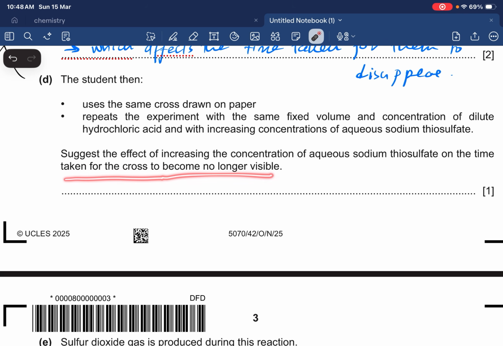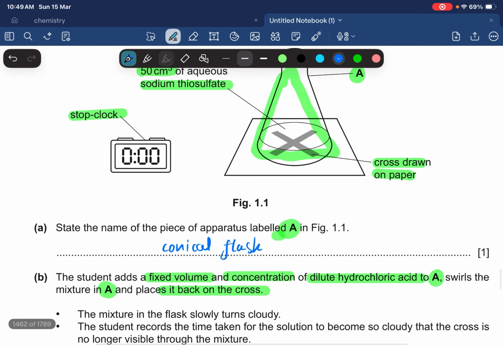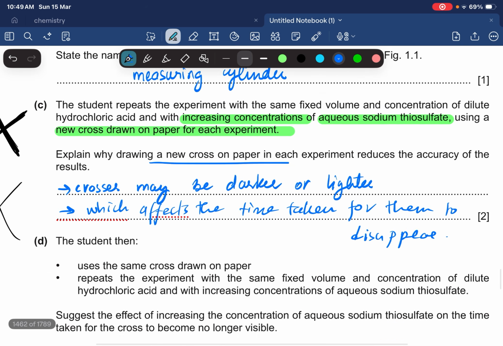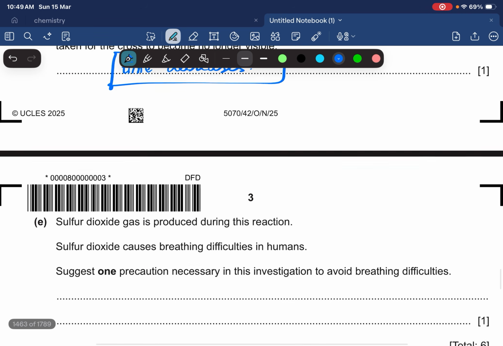The time taken is going to reduce because you have a more concentrated mixture. The rate of the reaction is going to increase because more particles are going to collide per unit time. So this is just knowing that increasing concentration increases rate, so the cloudiness is formed quicker.